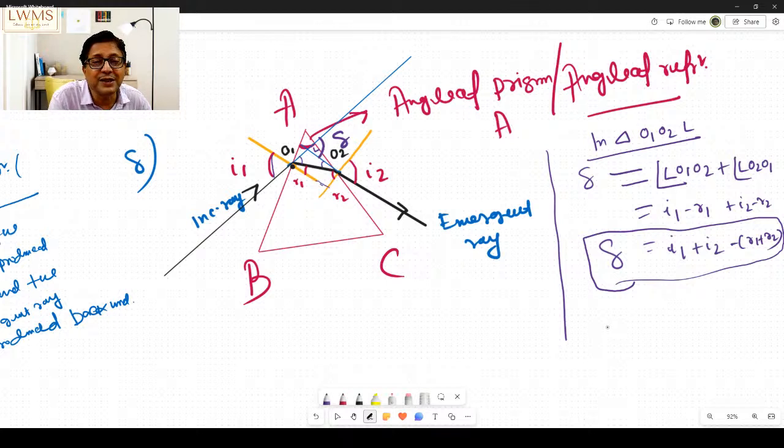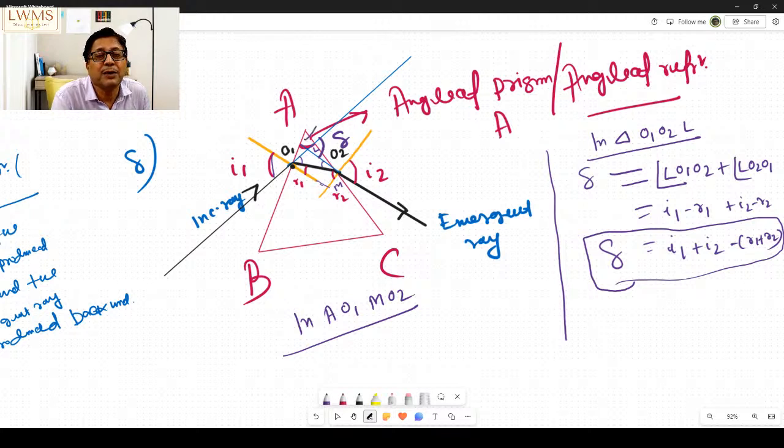You just produce this one again, just slightly. I am considering these two normals meet at M. So in quadrilateral A O1 M O2, this is 90, this is 90, and you can see this total angle is also 90. So the sum of this angle and the angle at M must be 180.